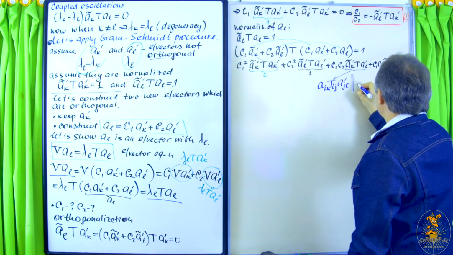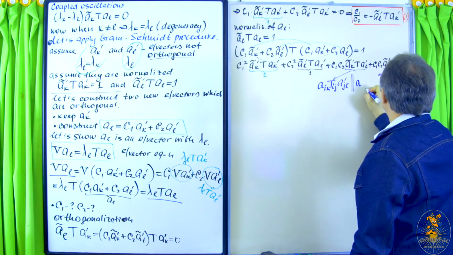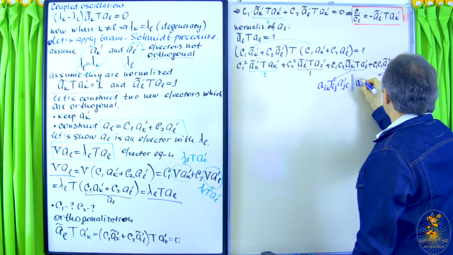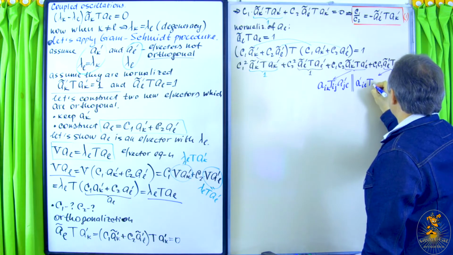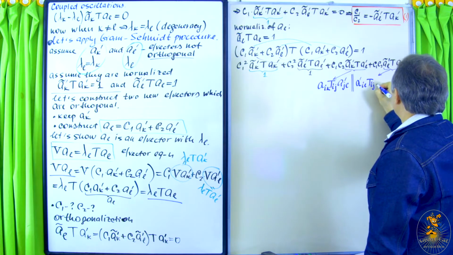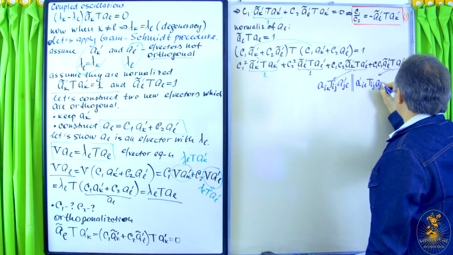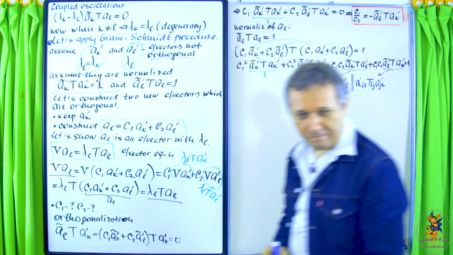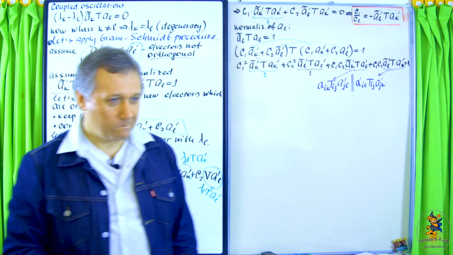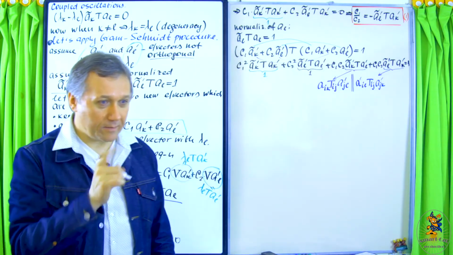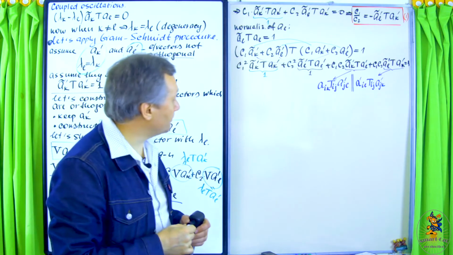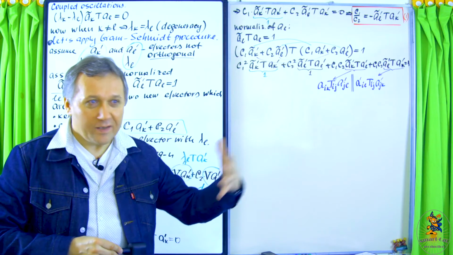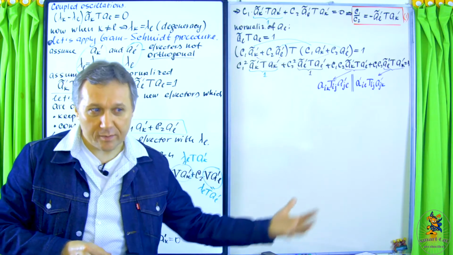Transposition I apply immediately, so it will be A I L prime, T I J, and A J K prime in component form.